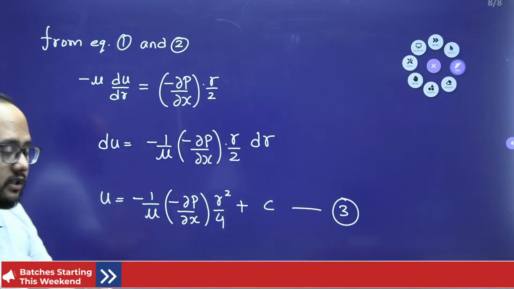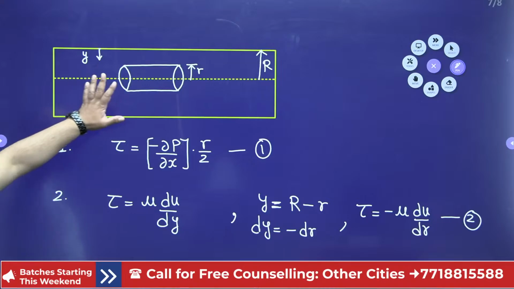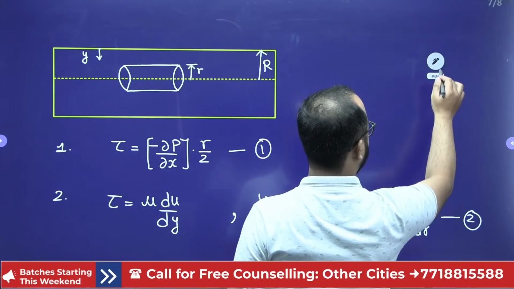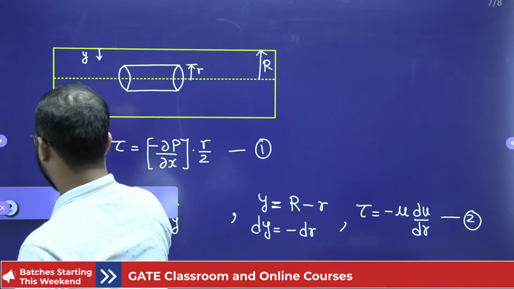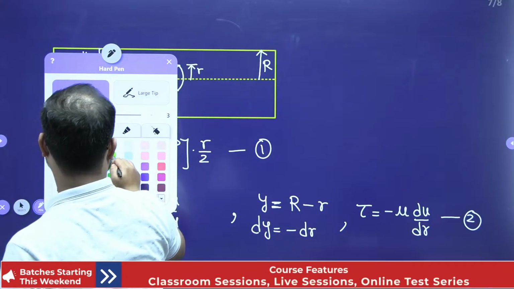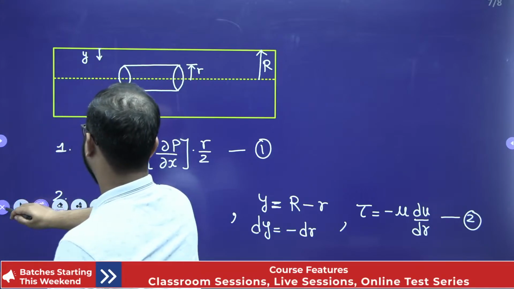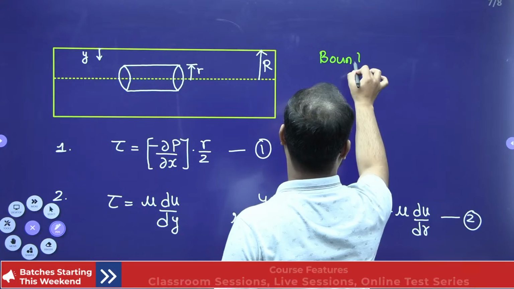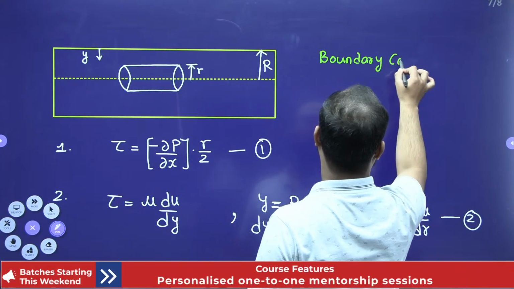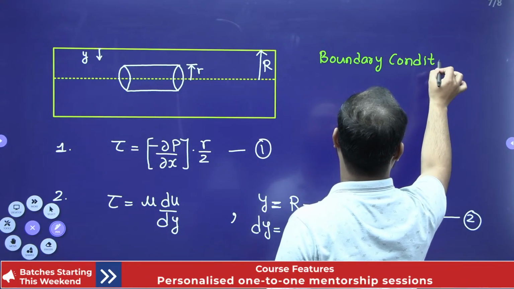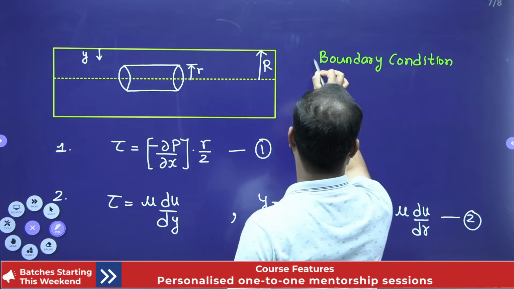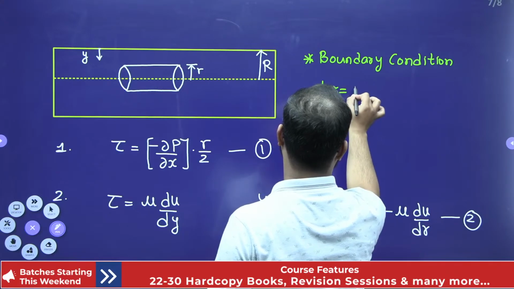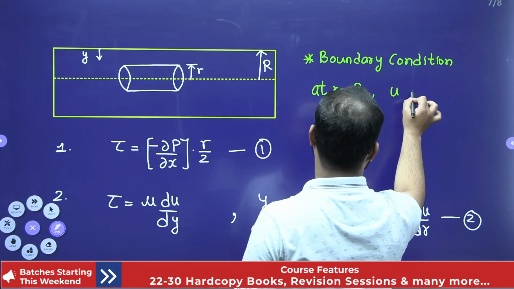Now, I will be using the boundary conditions. What are the boundary conditions for this? This is very important. The boundary condition at r equals capital R is that the velocity will be 0.